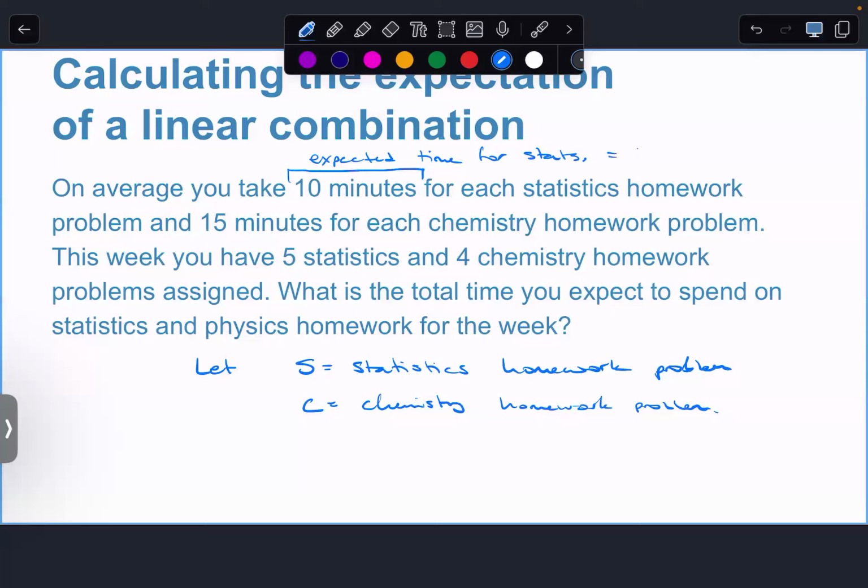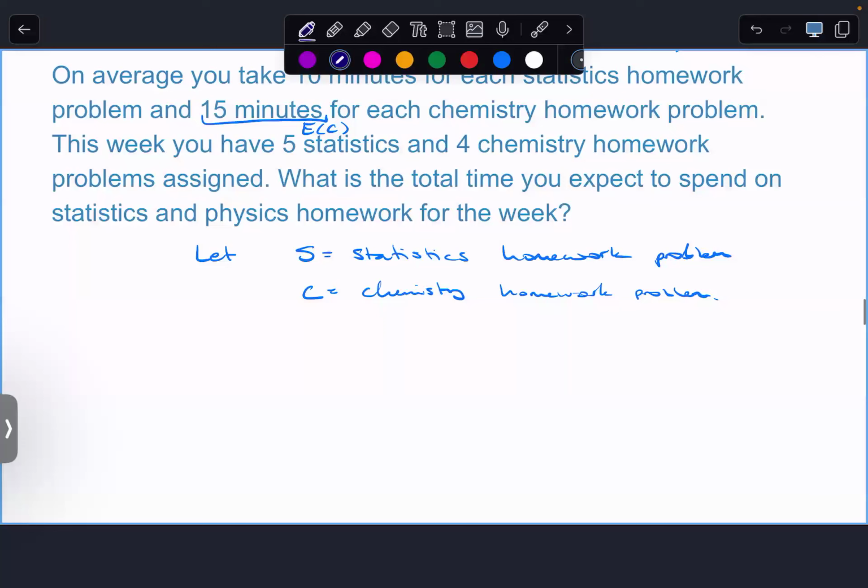Which means that this is really E of S, and this is really E of C. So what we want to find is, if I already know these expectations, we have 5 statistics problems and 4 chemistry problems, what's the expected time that I spend on this?